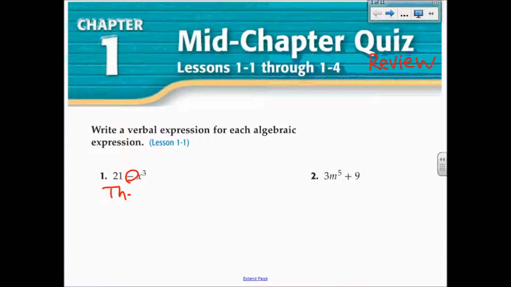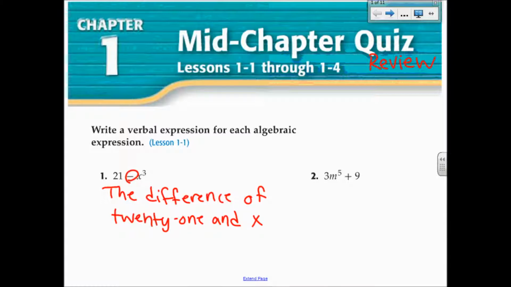So we could also say that it was 21 decreased by x cubed, or x cubed less than 21.